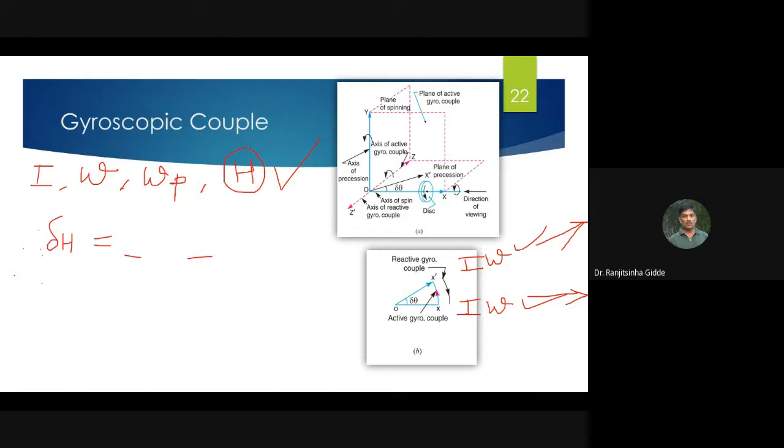So change in angular momentum, that is delta h. This is initial angular momentum and this one is final angular momentum. So I will write here this OX vector, OX prime minus OX.